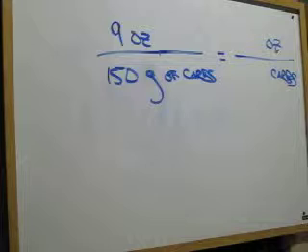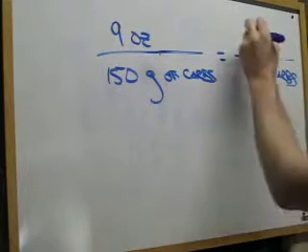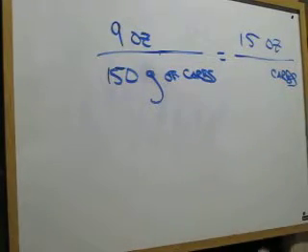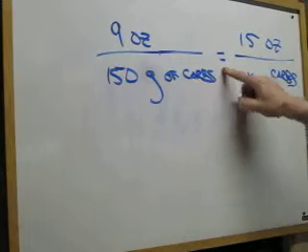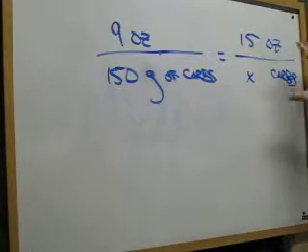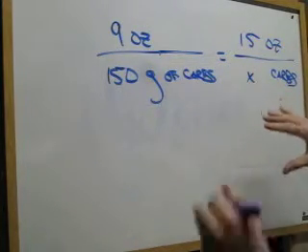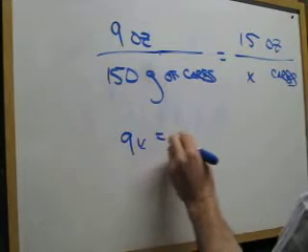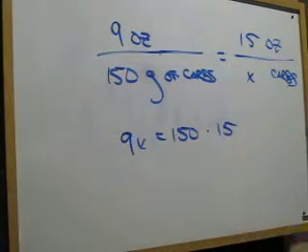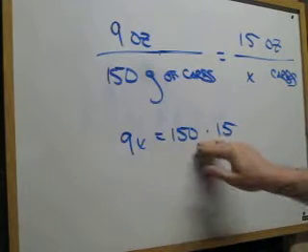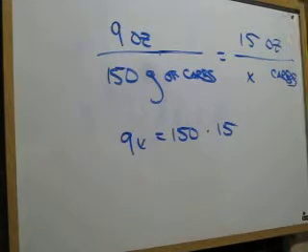How many grams of carbs do 15 ounces contain? So it's real easy if you write your unit here over the unit here, put an equal sign, and put the same unit here, because then you know where your number and where your variable goes. So you end up with 9x equals 150 times 15, and then you will multiply these and then divide by your 9, and you'll be done.